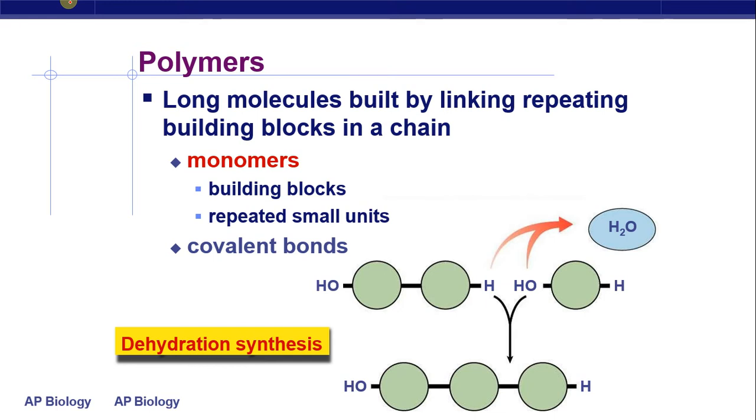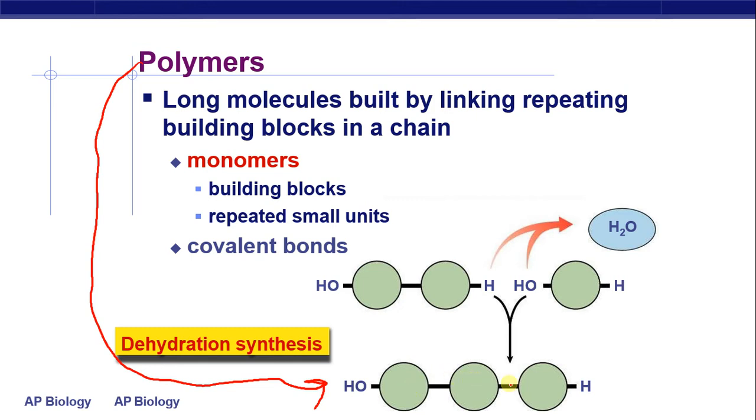When we look at each of the macromolecules, I'll be more specific with this, but I just want to be kind of general so we get the idea today. This picture on the bottom is a good representation of a polymer. It's made up of repeating units, these small circles, all linked together. They're all the same, they're all linked together. Makes this a polymer.